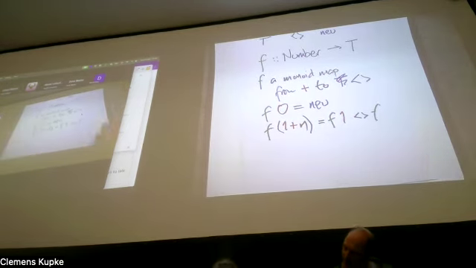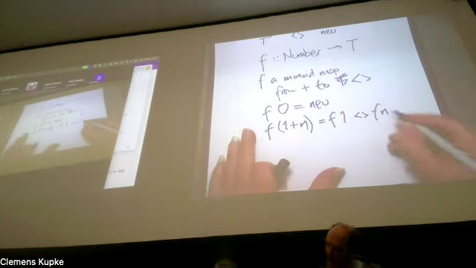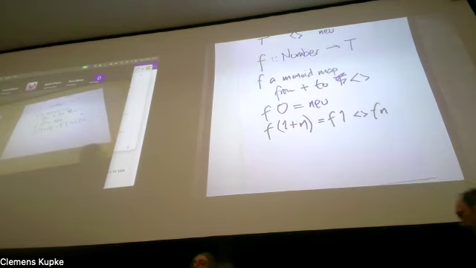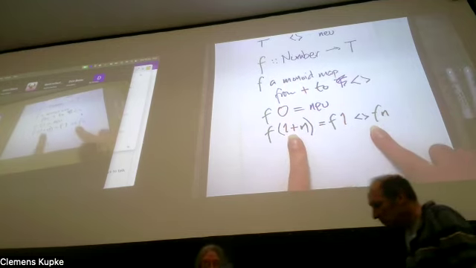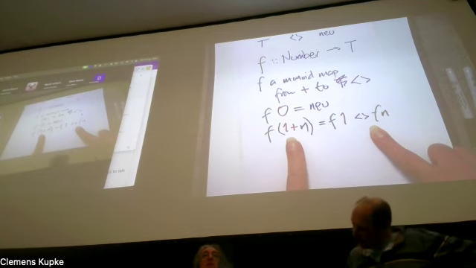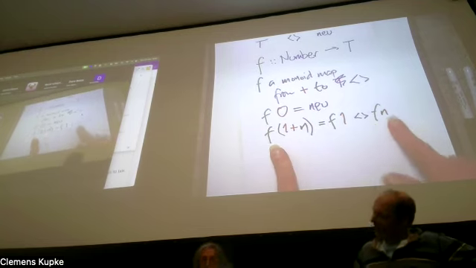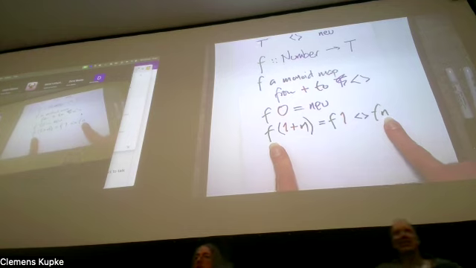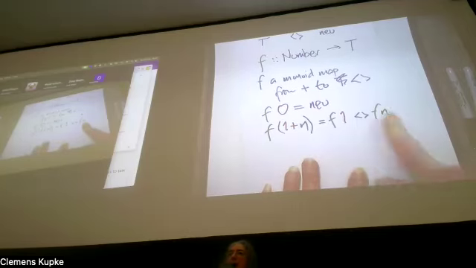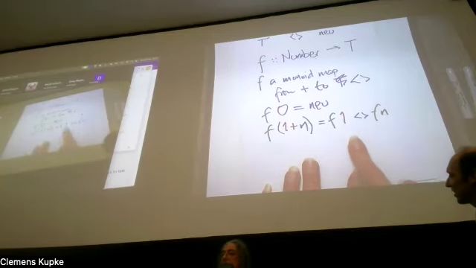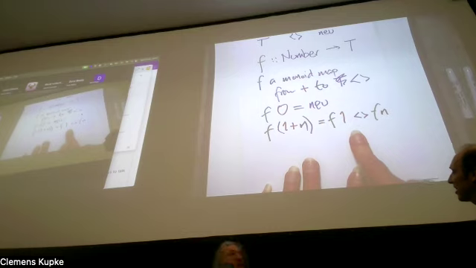So if f is a monoid map, then there's no choice. This has to be true. And it looks most of the way to a definition, a nice recursive call on something smaller. So the only freedom we have in this picture, potentially, is to choose the value of f of 1.